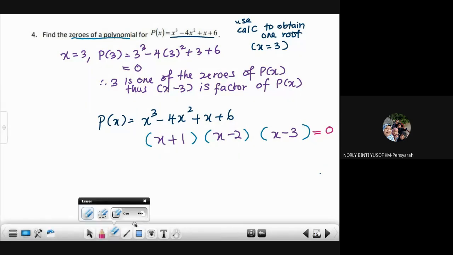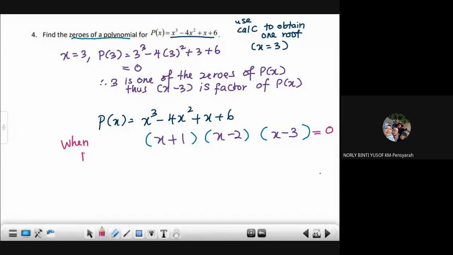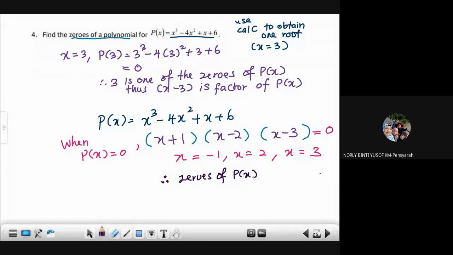Means when Px is equals to 0. That's why you want to find the zero of polynomial. Tulis factor dan carilah roots tu yang kita tekan calculator tadi. X equals to 3. So dan cakaplah last zeros of Px are negative 1, 2 and 3. Ataupun stop dekat pink ni pun okey.